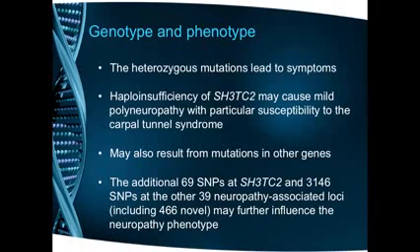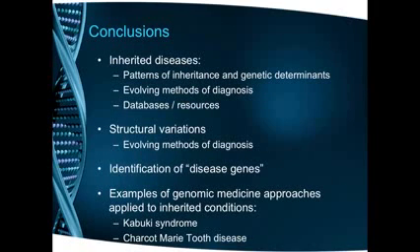So in conclusion, we have talked about inherited diseases, the patterns of inheritance that we need to look at when we deal with patients, and the things that influence these traditional patterns of inheritance. We talked about the evolving methods of diagnosis, also about databases and resources that you can use.